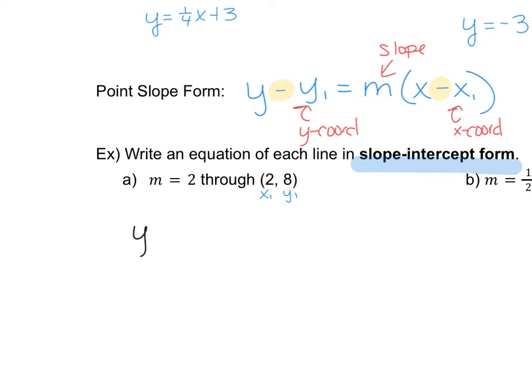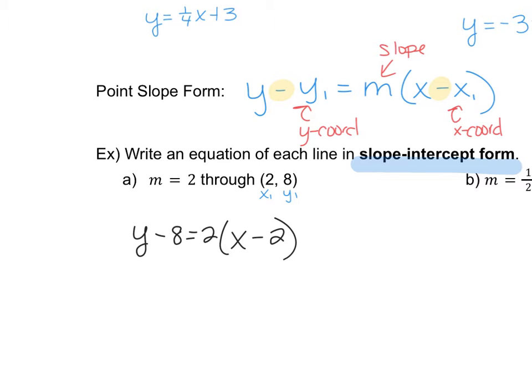So I'm going to have y minus my y1, which is 8, equals my slope, 2, parentheses, x minus the x1 that they give us, 2. Sweet. So we plugged it in. If they asked for it in point slope form, that's what you would write. But this one wants us to convert that to slope-intercept form, aka we need to get the y by itself.